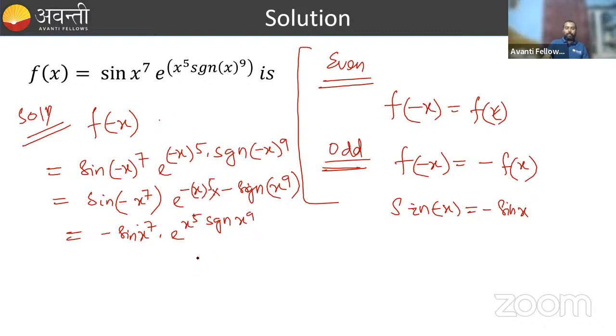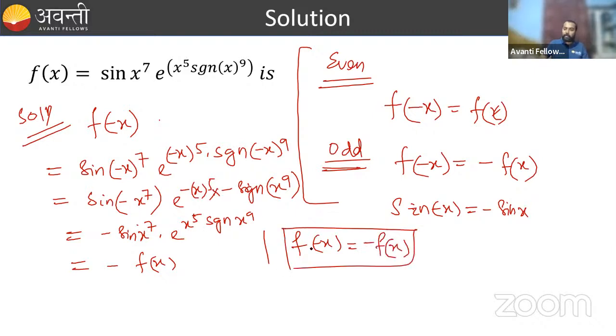So now we are getting minus of f of x. Finally, f of minus x is equal to minus of f of x. So what condition is the given function satisfying? It's an odd function. So the answer is that it's an odd function.